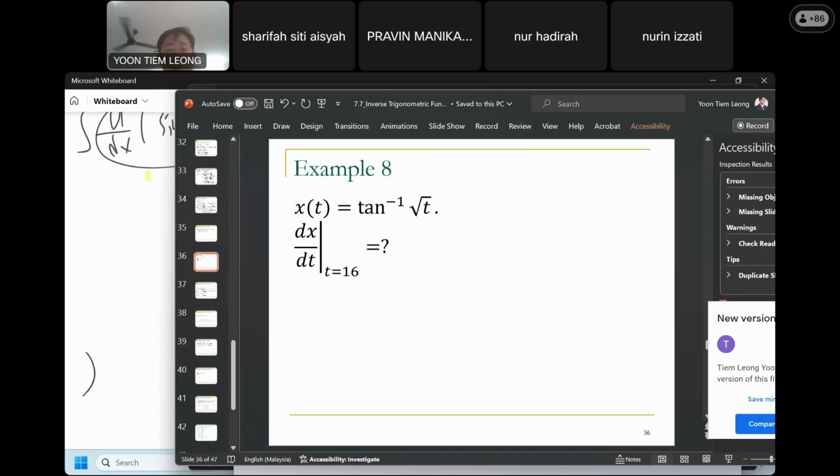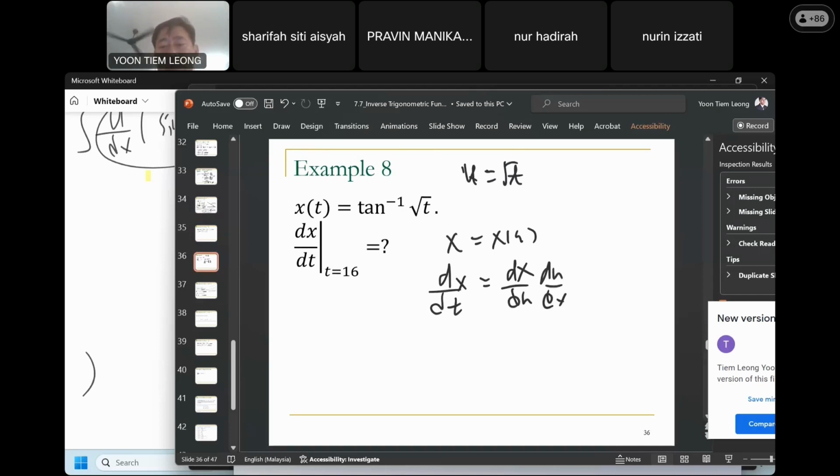Then you can try to do these very simple questions by setting u as square root of t. Then you can take x as a function of u. Then you would calculate dx/dt using the chain rule. dx/du is the derivative of x with respect to u, which is just d/du of arctangent of u.